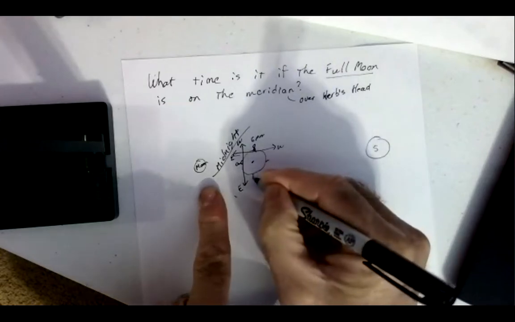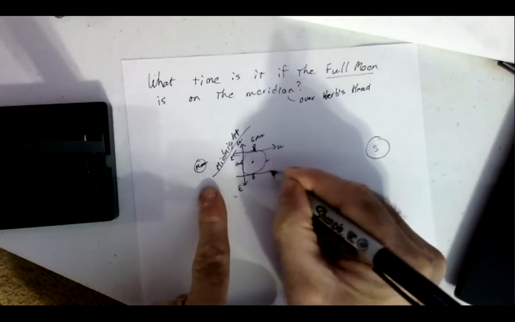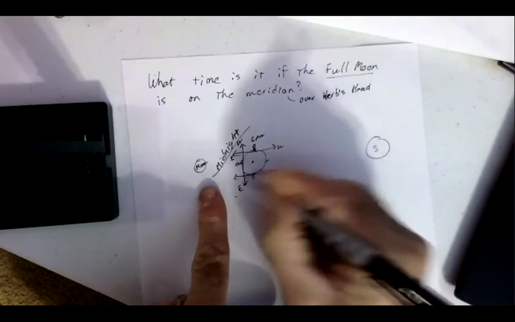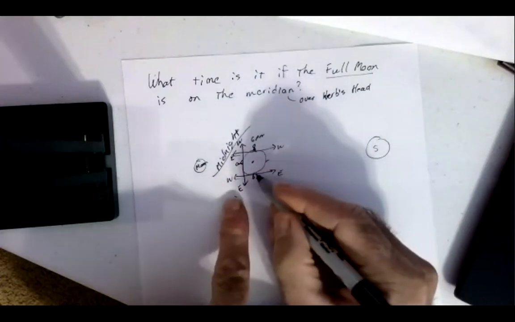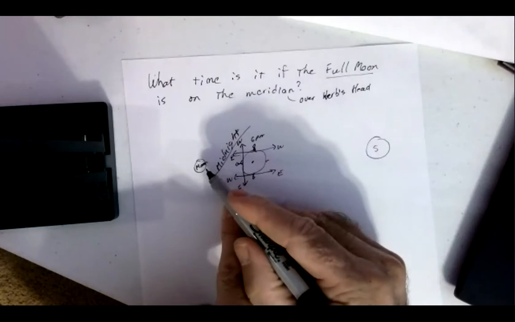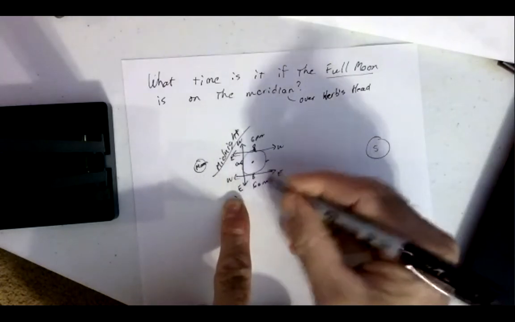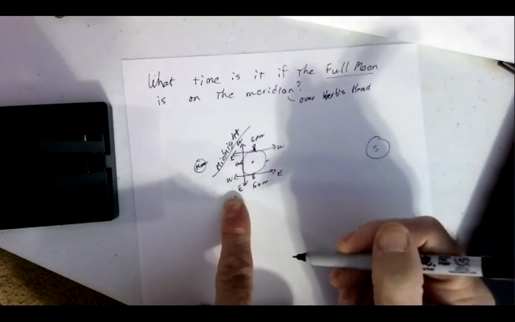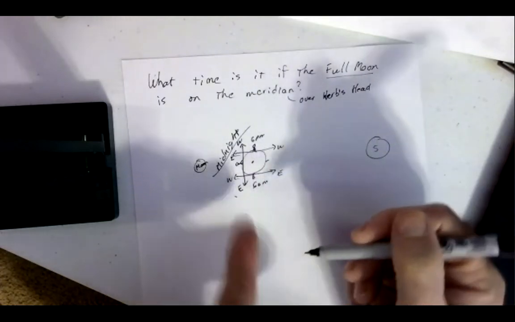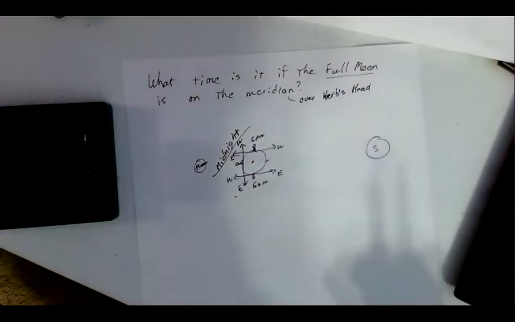If you look here, if I put Herb down here and I draw this one, east is this way, west is this way. In that case, the full moon is setting. So it depends on what time it is, where the moon is in the sky. So is it safe to say, or is it incorrect to say, the moon is only on the meridian either at midnight or at noon?